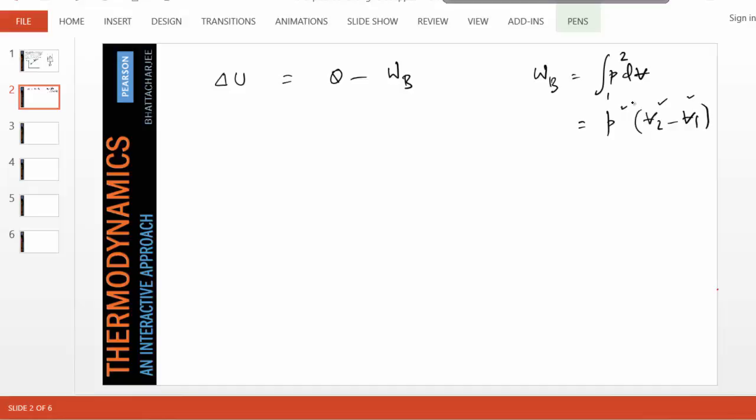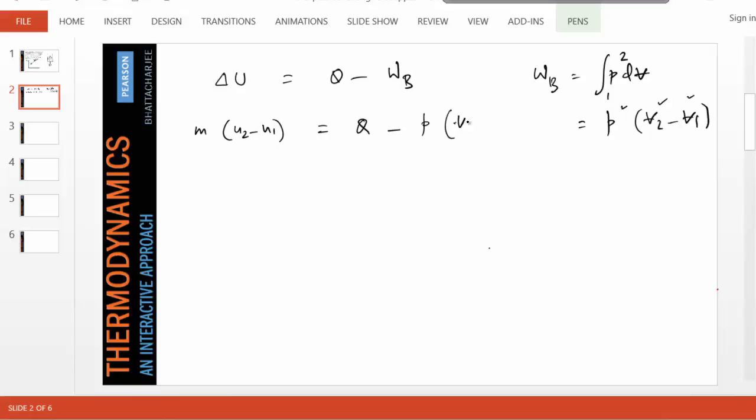So therefore we can find this directly. But I want to show you another way. Just suppose we didn't know enough information. Suppose we only knew temperature at the beginning and end. We can show that we can simplify this equation. How? Well, we can write this equation as mass times U2 minus U1, and Q minus WB is what?